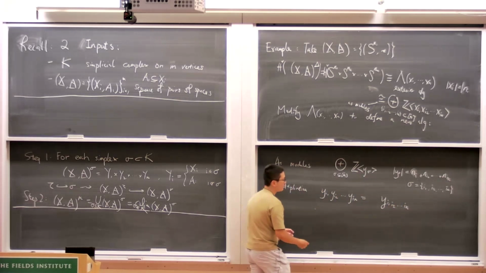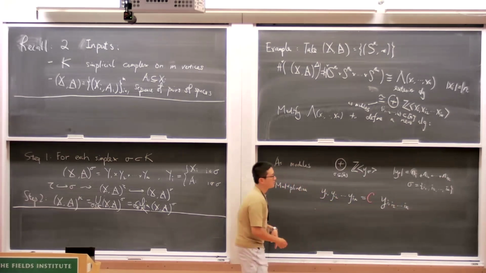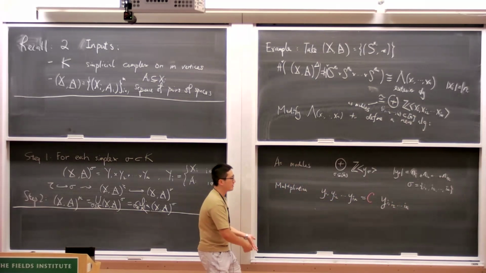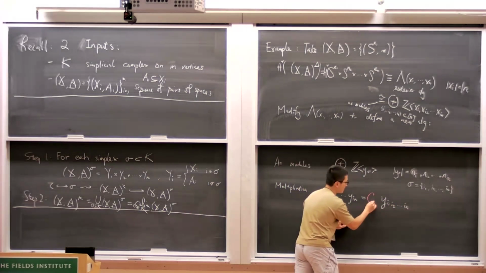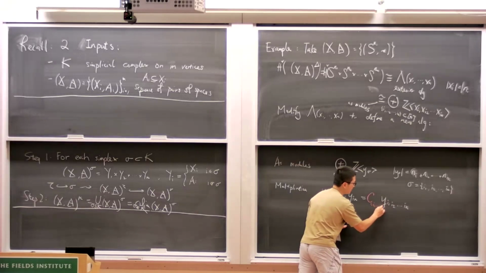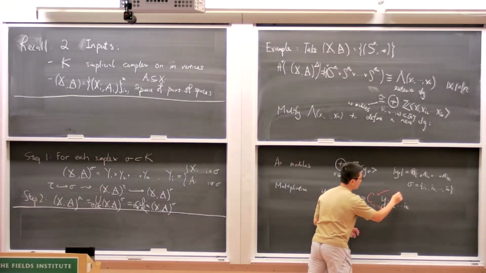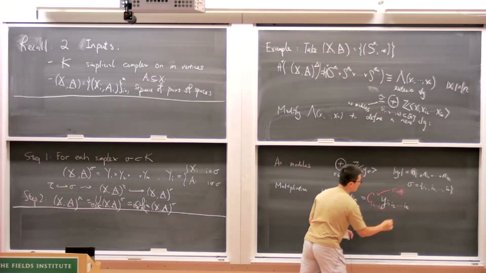But now we want to modify these multiplications by adding coefficients. Let's do it by c, I1, I2, and so on. These are some coefficients.